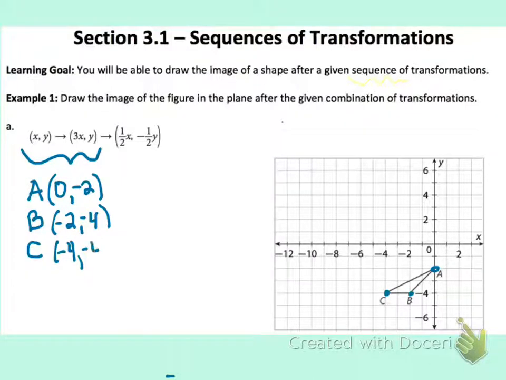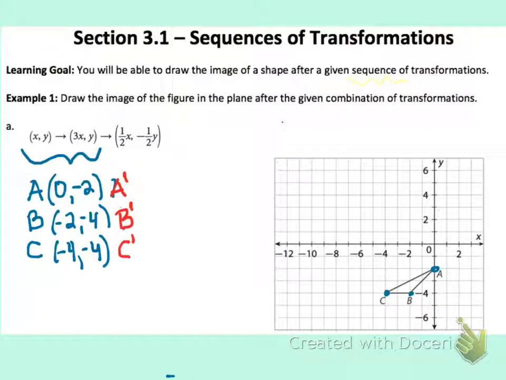And if we were to apply this rule of (3x, y), our new coordinate, if we called it A prime, now I'm going to do that in a different color. Let's see, we'll go with a red. A prime, all that's really going to happen is each of the x coordinates is going to triple.